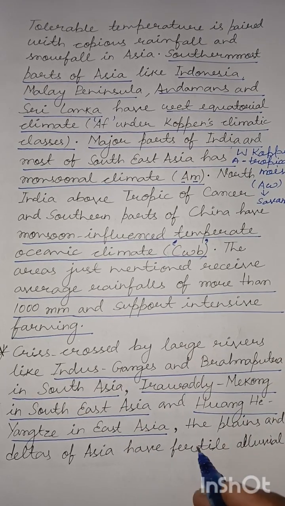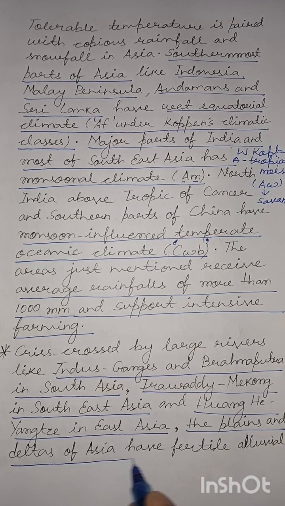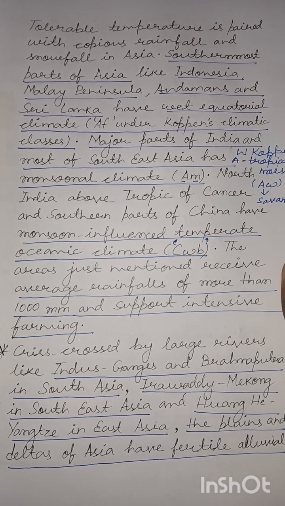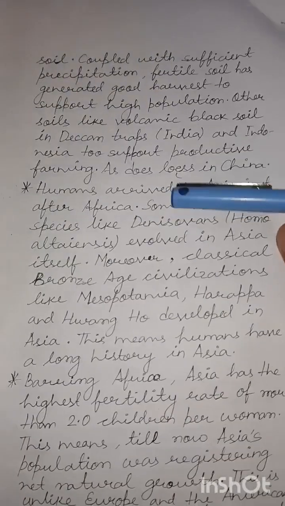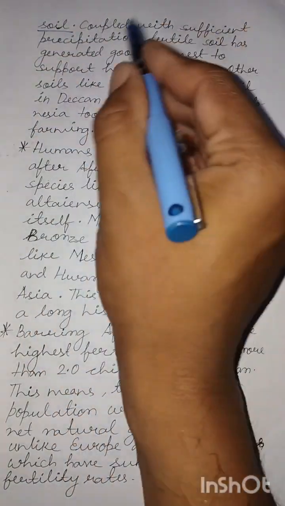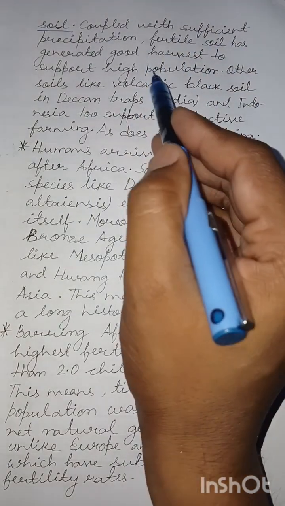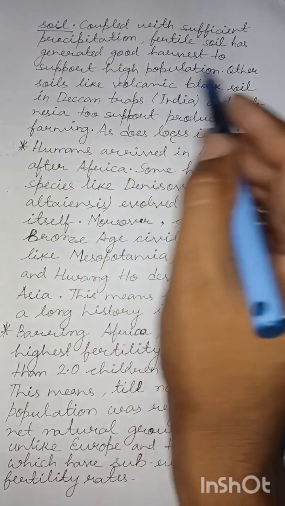The river plains and deltas of Asia have fertile alluvial soil. Coupled with sufficient precipitation, fertile soil has generated good harvest to support high population.